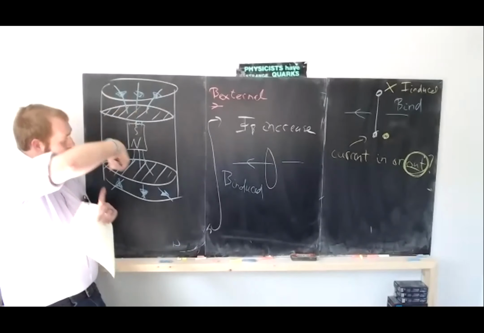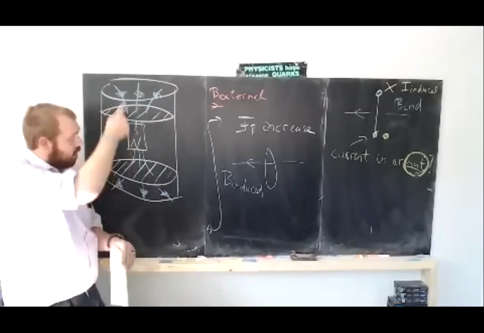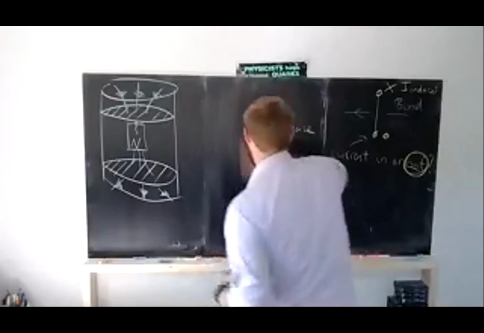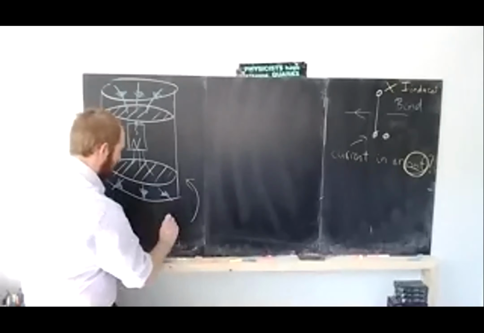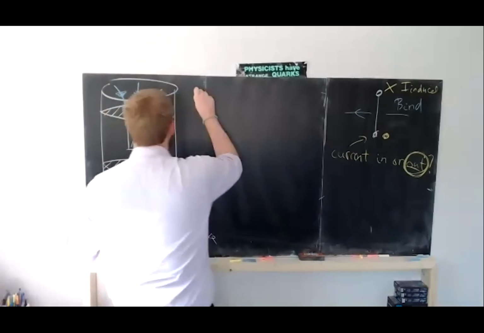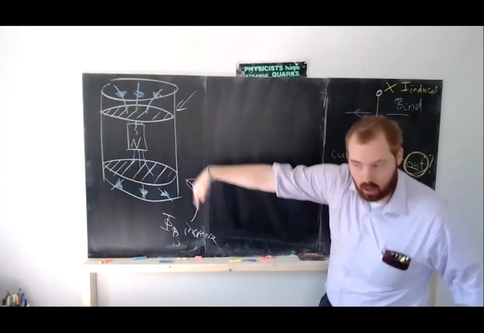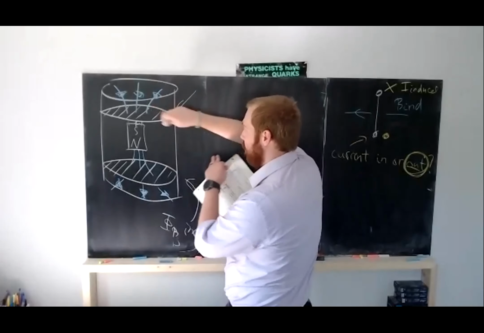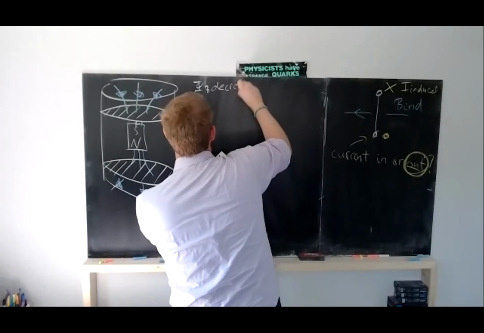So as the magnet falls, this area is seeing increased flux as the magnet falls. So underneath, the magnetic flux is going up and up and up. But above the magnet, this cross-section area, phi B, is decreasing.